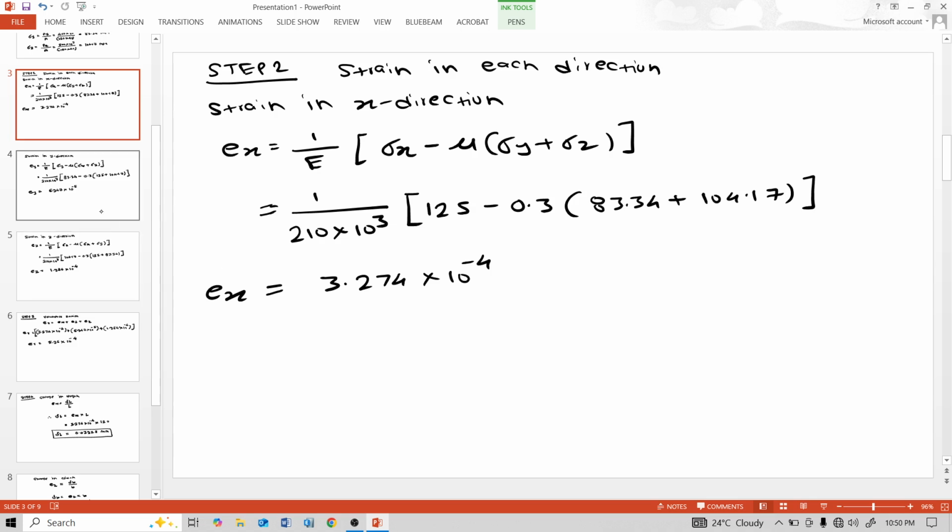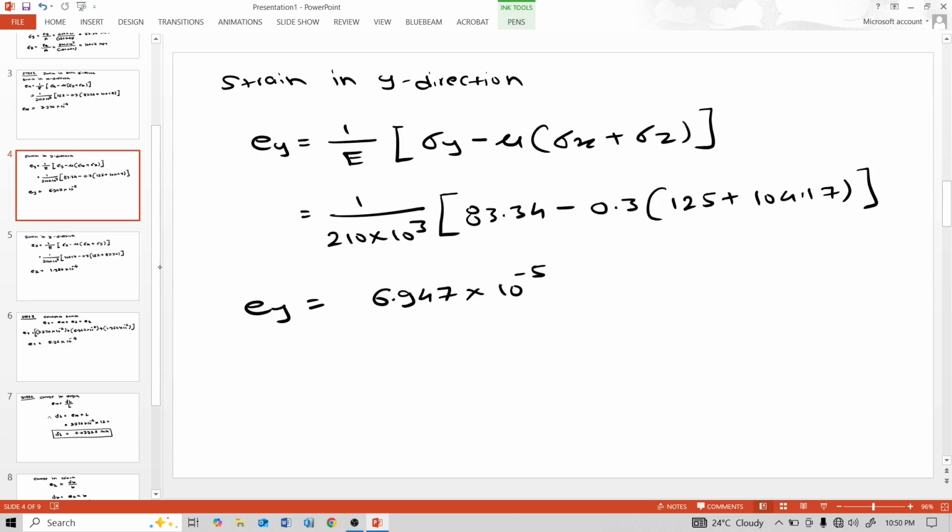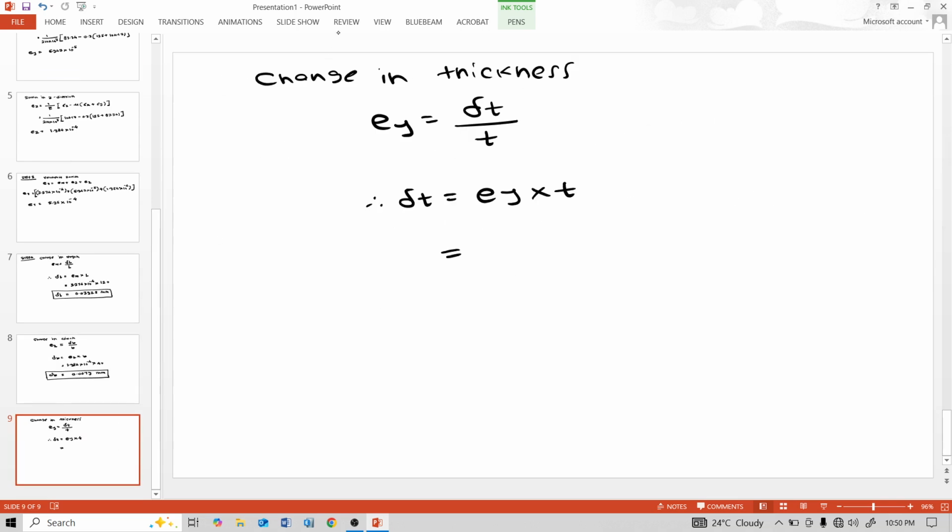Strain in y direction is 6.947 into 10 raised to minus 5, multiplied by thickness 40. It is 0.0028 mm. This is change in thickness.